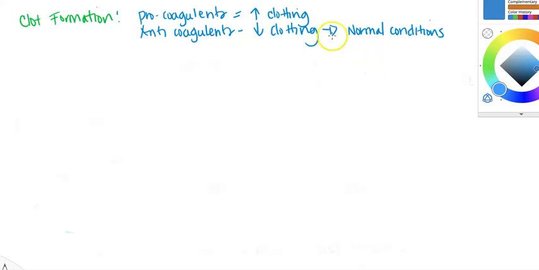So procoagulants are active in times of blood loss. Because if you're losing blood, then you want to be clotting so that you don't bleed to death. So procoagulants basically go through two pathways.